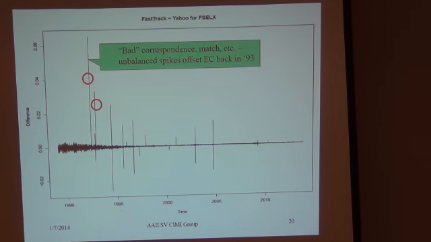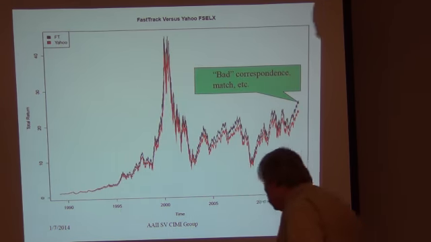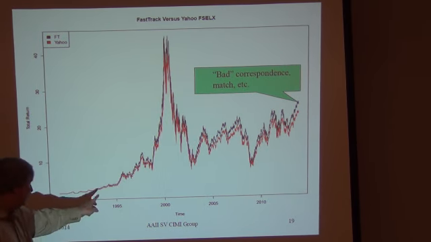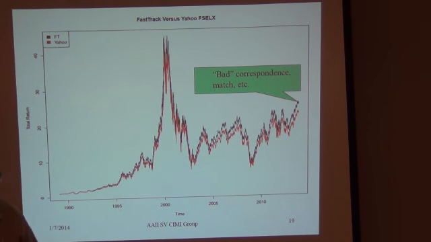If you go back to the previous slide and look at '93, that's where they start to diverge. So that gives you some idea that there was some sort of problem in the data stream back in '93, and it's been there forever, and it may be getting worse, in fact.